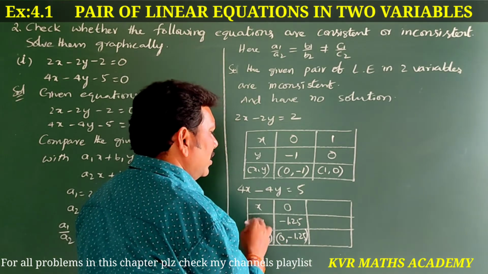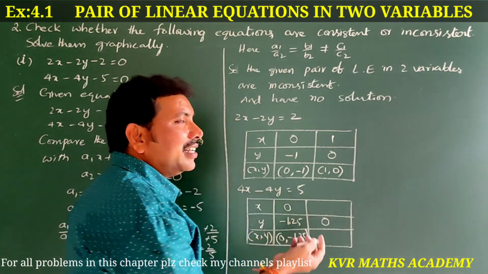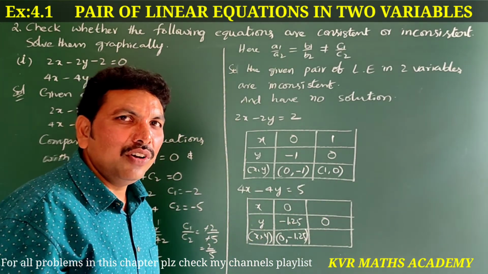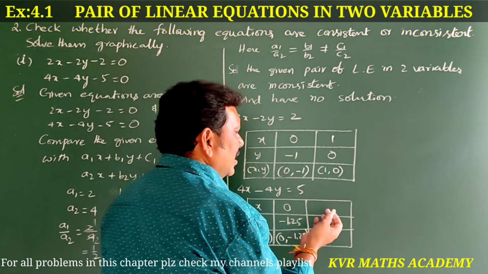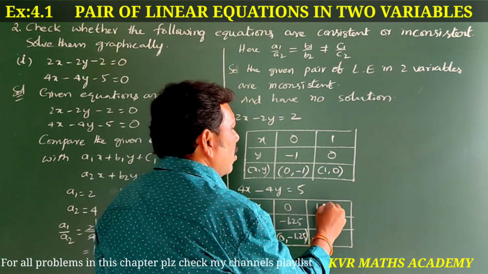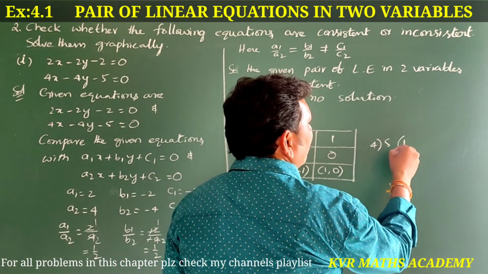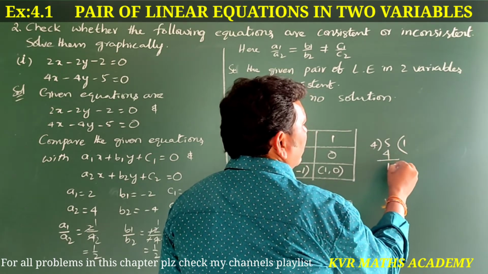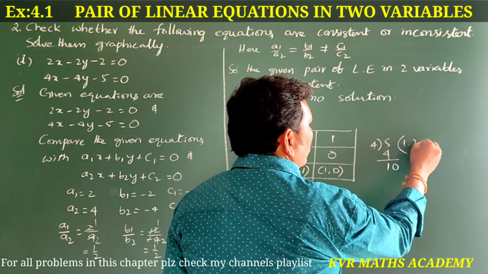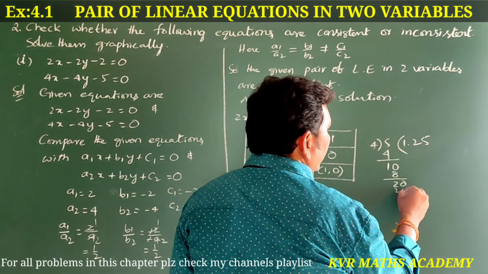This point will be. So in the place of y, if you substitute 0, then 4x is equal to 5, x is equal to 5 by 4. 5 by 4 means, yes, that will also be 1.25. See, 5 by 4 means 4 ones are 4, put point and put 0, 4 twos are 8, 2 0, 4 5s are 20.